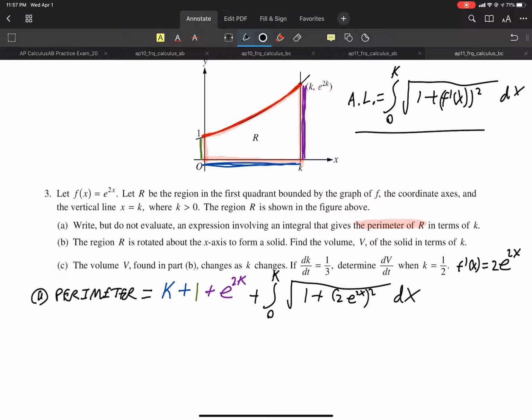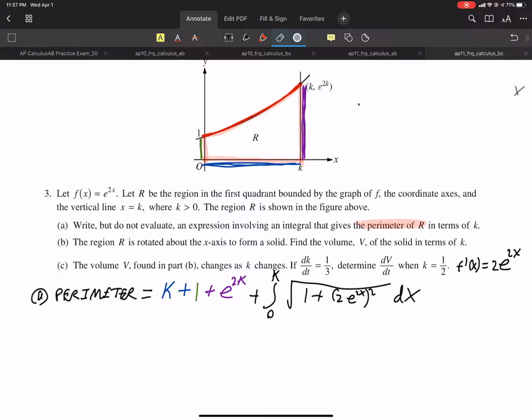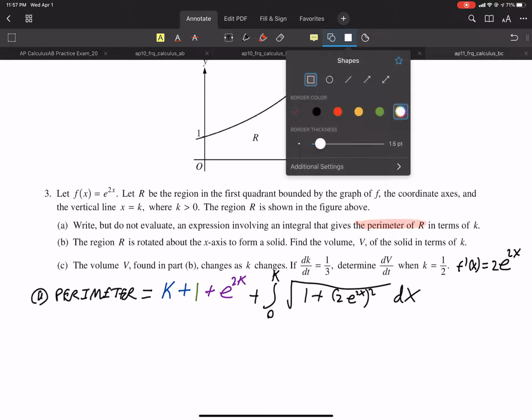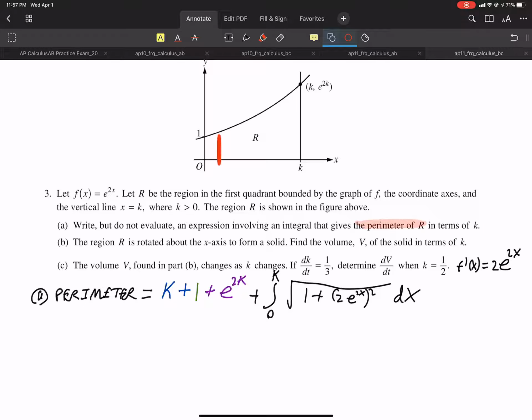All right, let me erase stuff, magically that all disappears. So we're rotating this around the x-axis. So let's get circles. Rotate this. How do I move this whole thing? There we go.